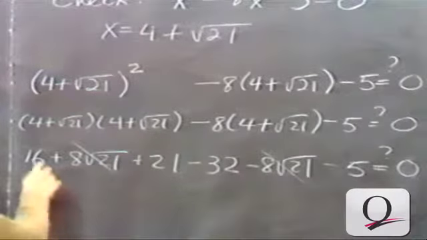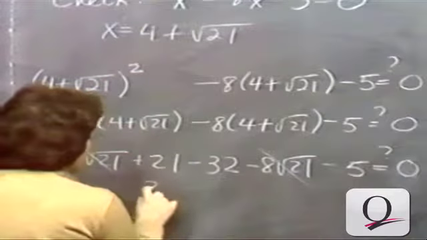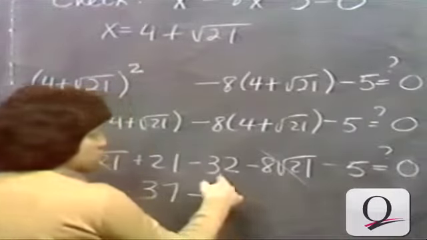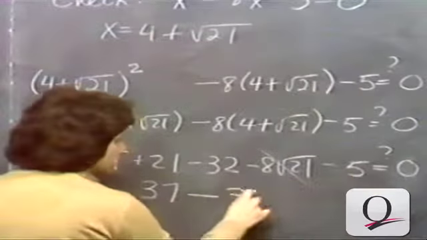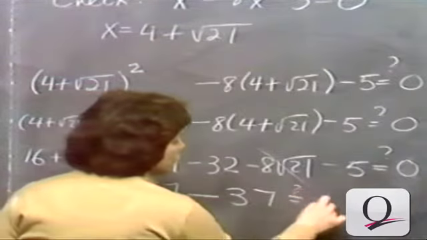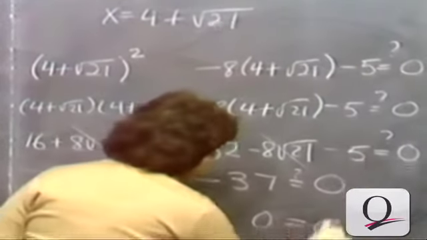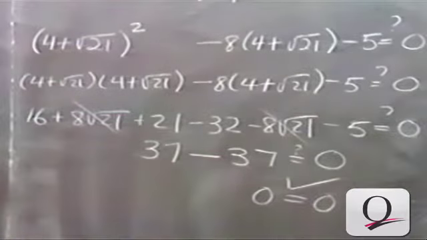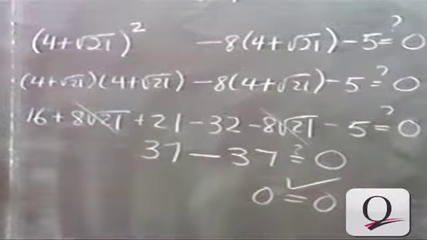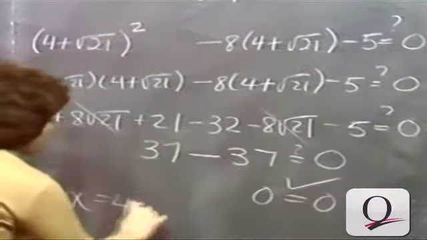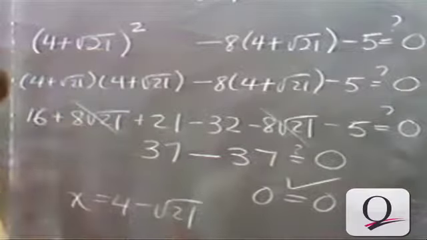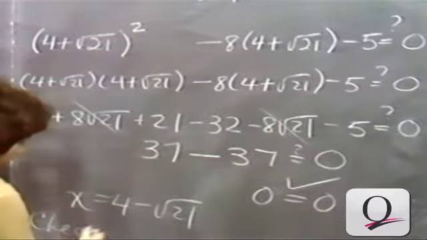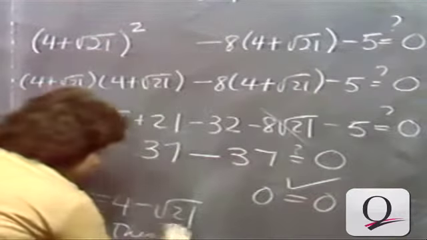What we have now is 16 plus 21, that's 37, minus 32 minus 5, minus 37, which of course comes out to be equal to 0, and it checks out. And in a similar fashion, you would also check x equals 4 minus the square root of 21. Check this the same way.